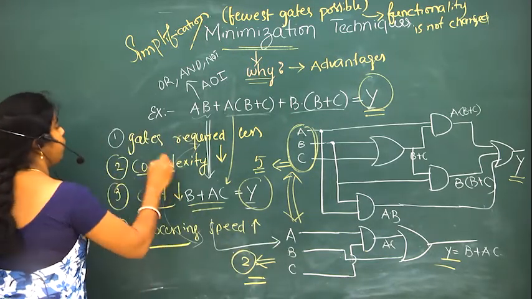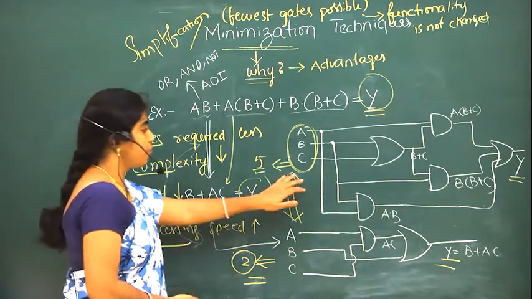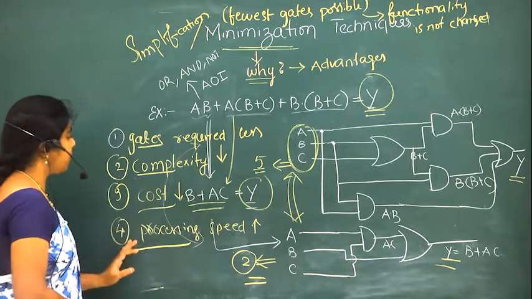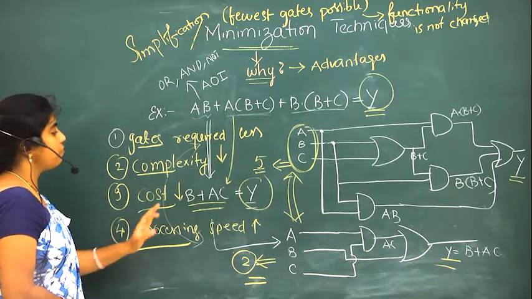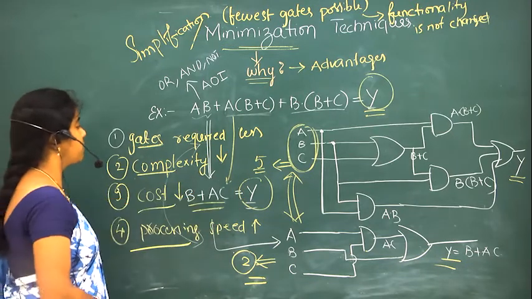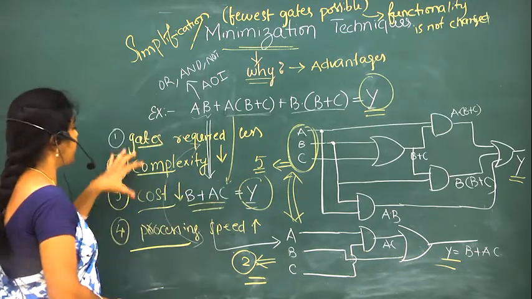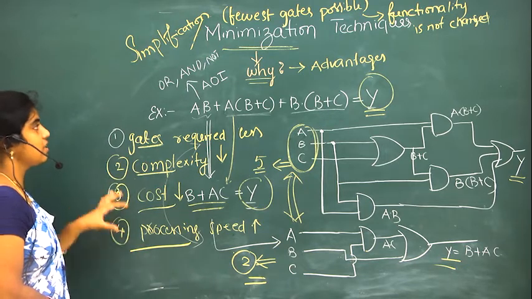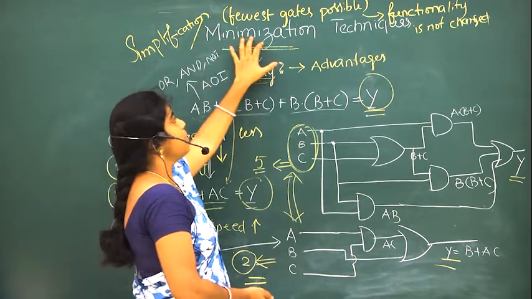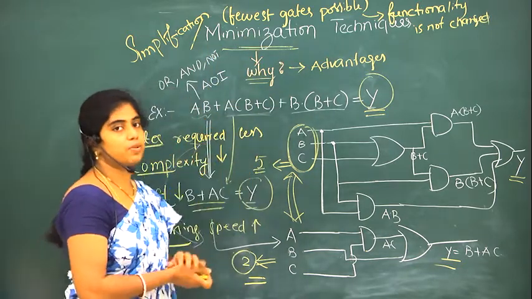So these are the 4 conclusions we can make from these 2 expressions. These are nothing but the advantages when we are going for a minimized expression. That's why we are going to implement a minimization of any expression.